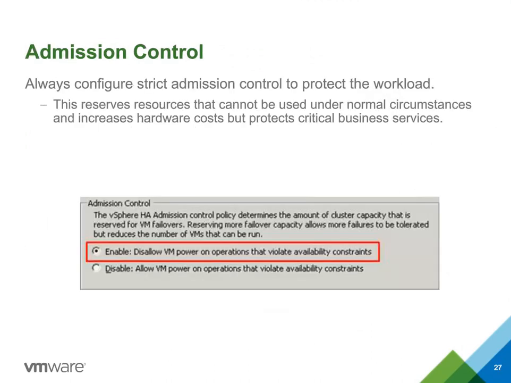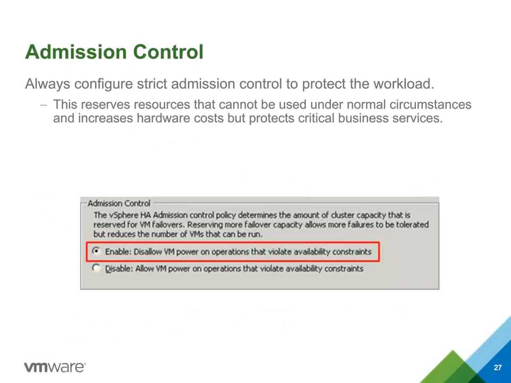For vSphere HA to be able to restart virtual machines in the event of a host failure, vSphere HA must reserve capacity from the hosts in the HA cluster. Specifically, HA needs to reserve CPU and memory resources. The mechanism in vSphere HA that sees to it that we reserve that capacity is a mechanism called admission control.